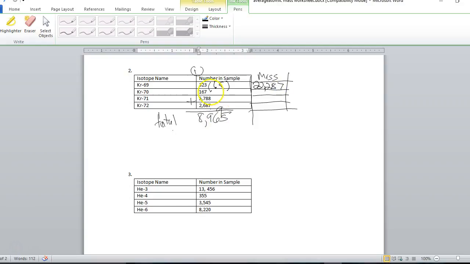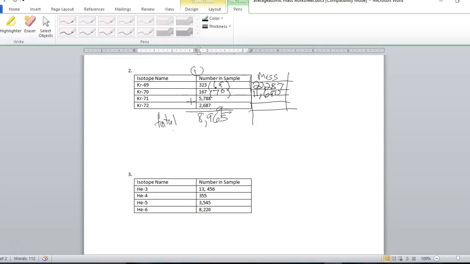Then 167 times 70, not plus, you get 11,690.